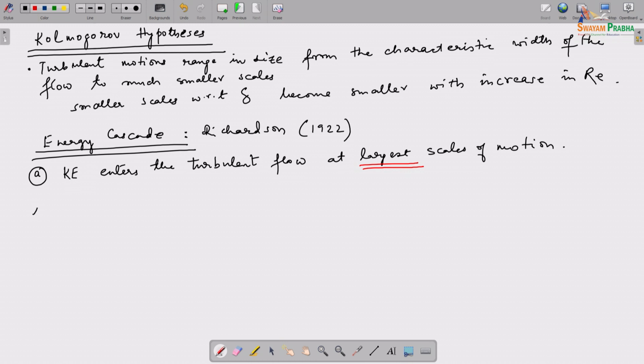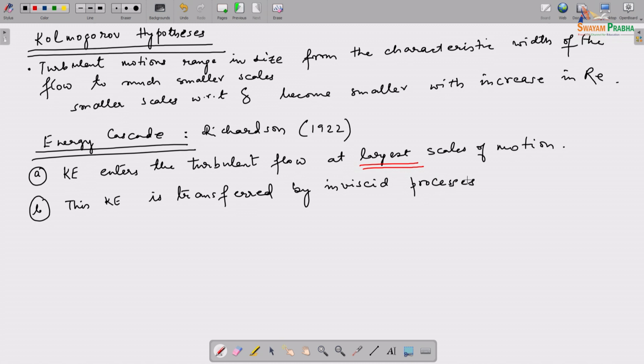Now this K, what is going on with the K, is transferred by inviscid processes to smaller and further smaller scales.